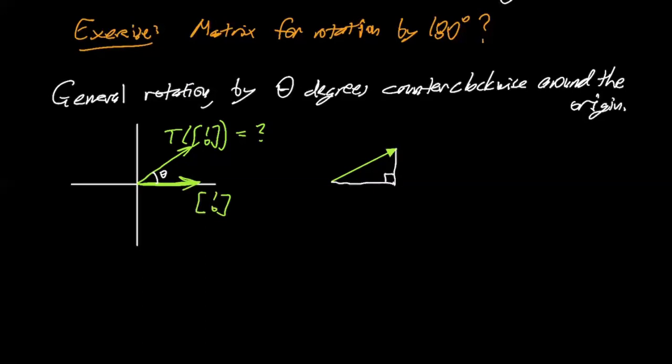So this is theta. We have the origin down here, and we'd like to know the coordinates at that point.